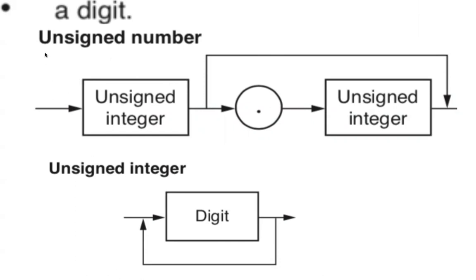So an unsigned number has to start with an unsigned integer, followed by this decimal point. The reason this decimal point is written in a circle is because it is a terminal. That means there is no other option other than to enter a decimal point here. There are no options here. This is the final value that's supposed to be entered.